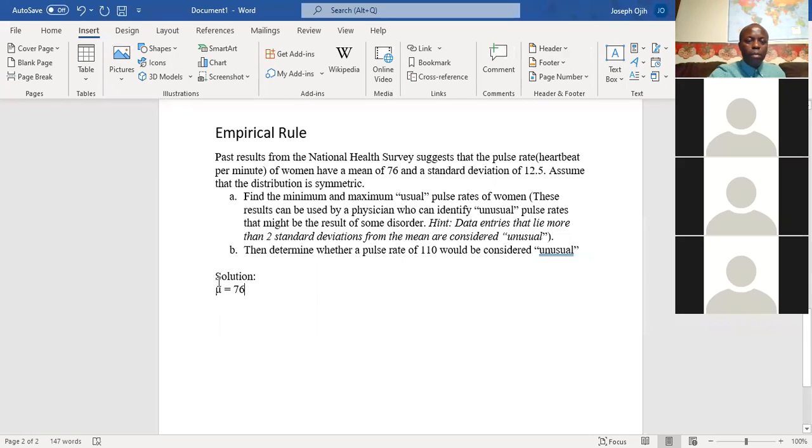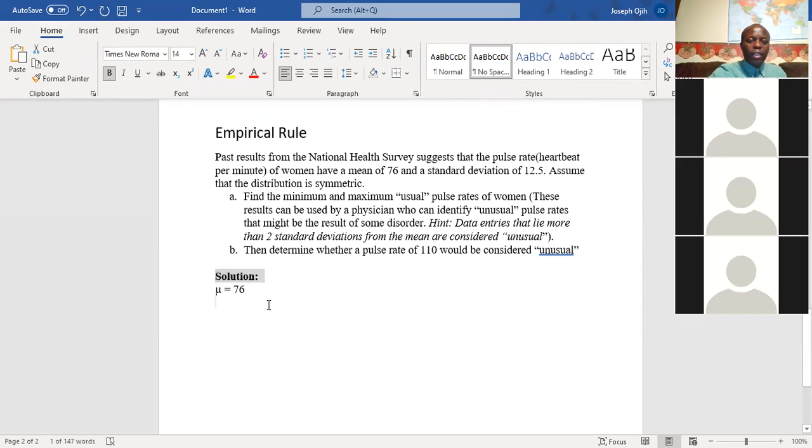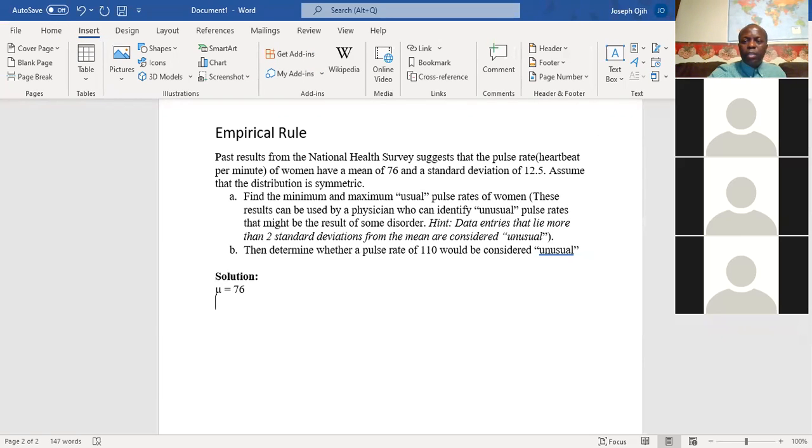And the standard deviation of 12.5. I'm going to use this symbol here, standard deviation of the population equals 12.5. And we can answer part A. Part A says, find the minimum usual and unusual.